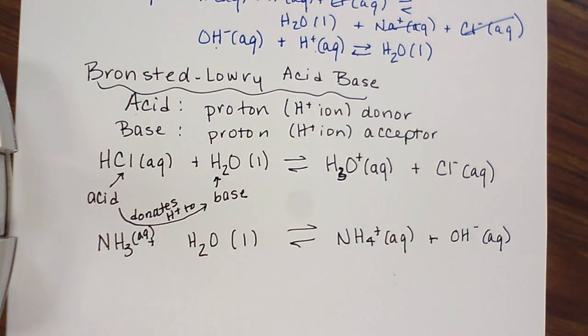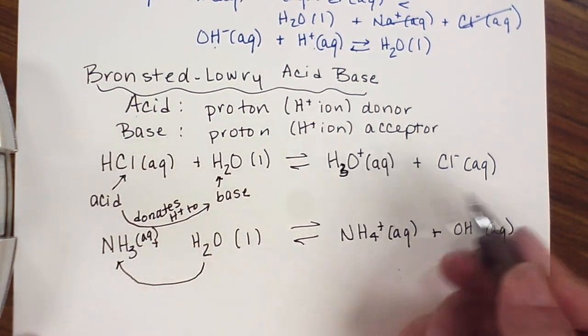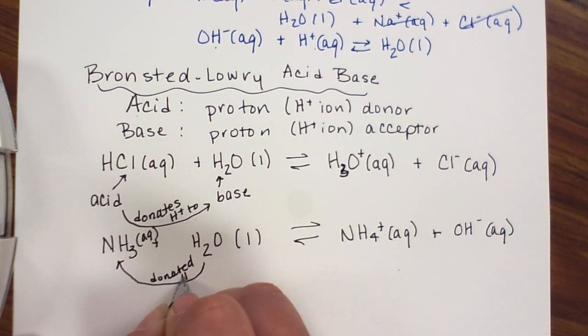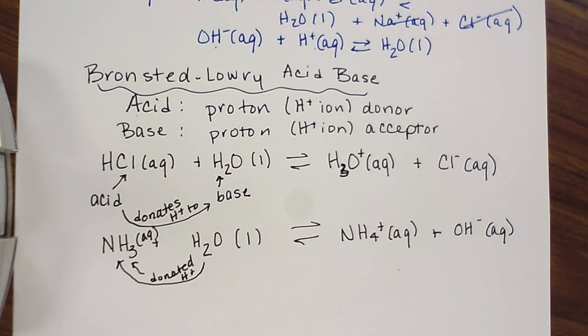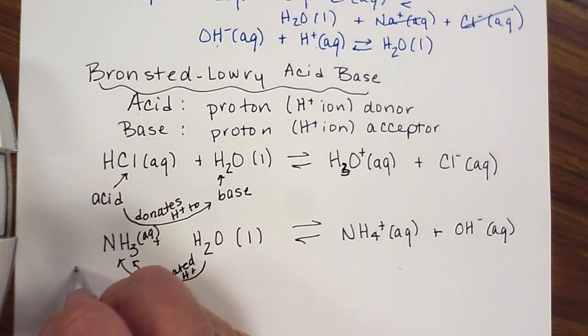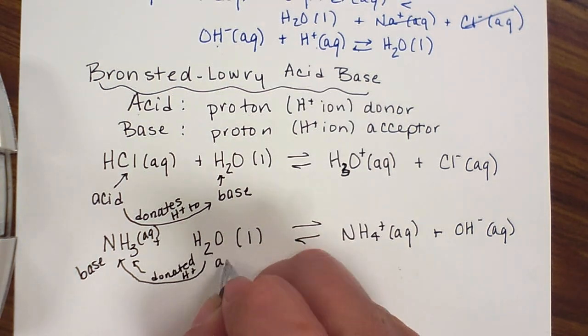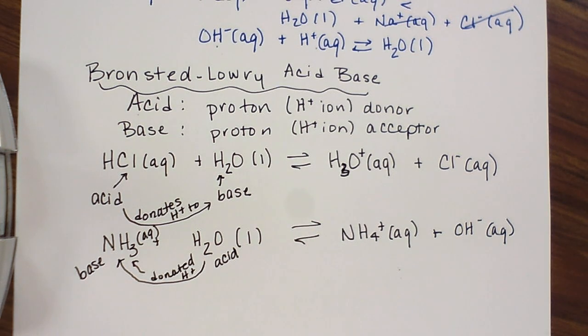All right, so now the water donated protons to here, to the ammonia. So now the ammonia acted as a base. Why? Because it accepted the protons, and the water now acted as an acid, because it gave up a proton.